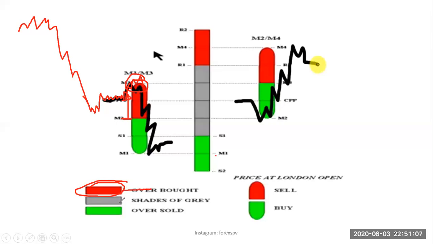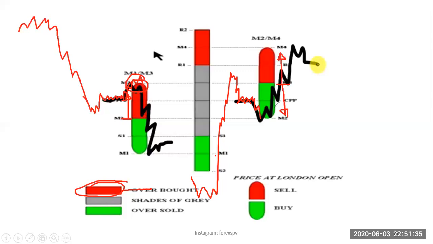And for a bullish trend like this one, this is Asian session, Asian close. So we have, this is M3 going down. This is the oversold. Going up, this is the overbought.